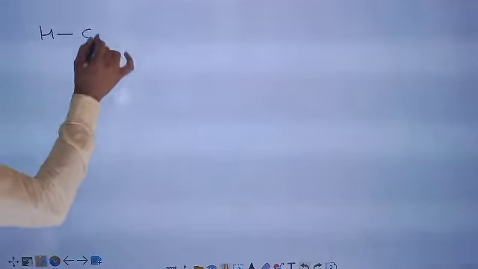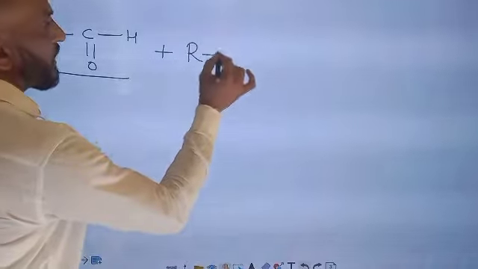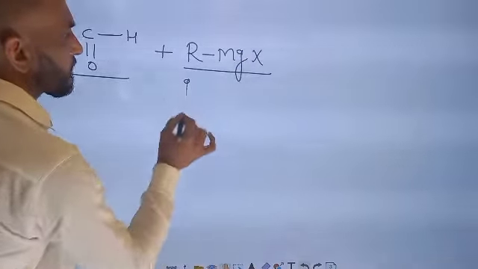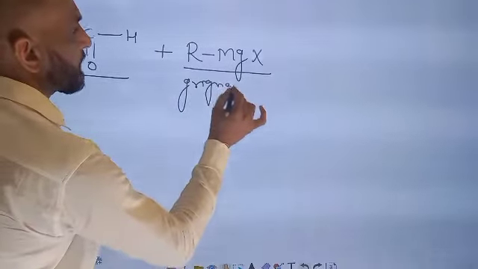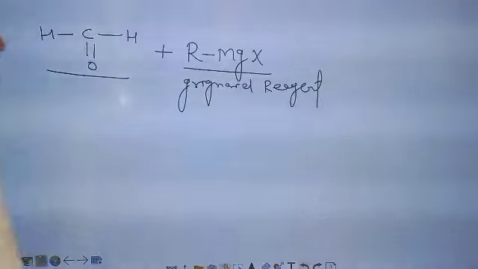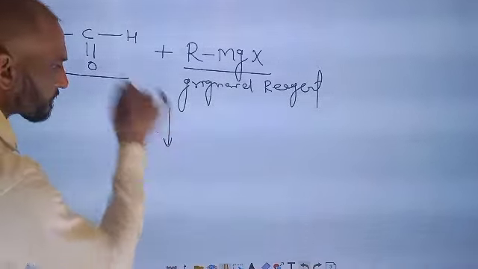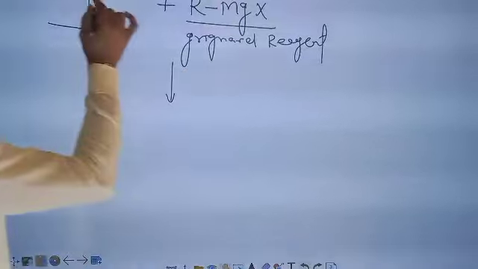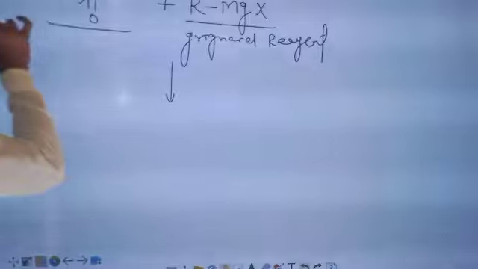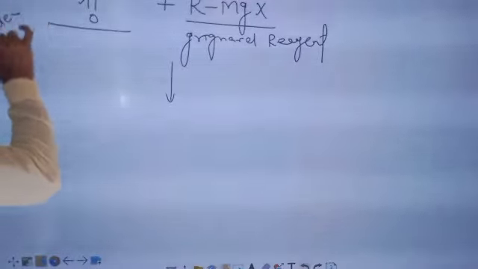HC double bond O reacts with RMgX, a Grignard reagent. It reacts with the carbonyl compound formaldehyde. In the formaldehyde molecule a double bond is present, and in a double bond the electromeric effect always applies.